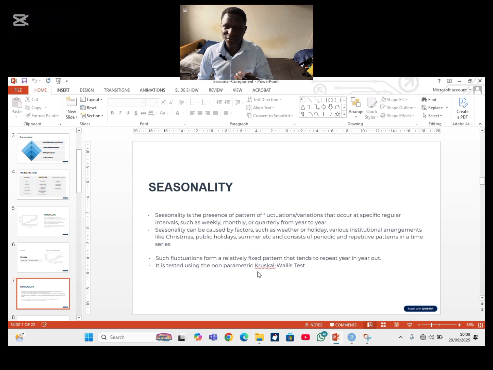When you visualize and realize that there is a consistent pattern you see every quarter of the year, every quarter, the same pattern happens, that illustrates seasonality. But mathematically, you could use a non-parametric test, the Kruskal-Wallis test, and that could help you test whether there is seasonality or not.